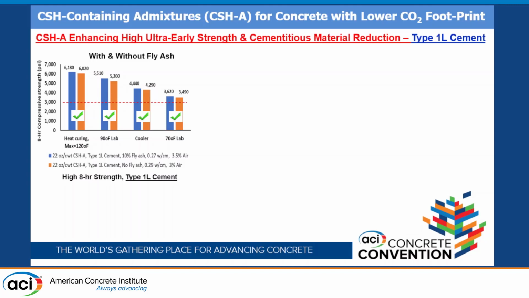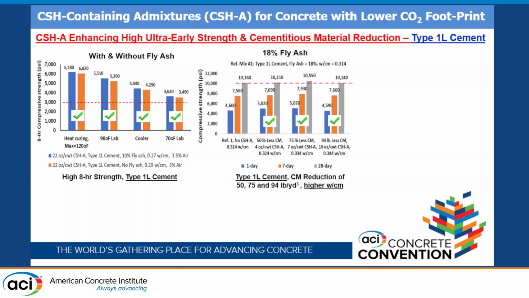Okay? So, also, we want to see, can we still reduce the cement in type 1L cement? Yes, we can. As you can see here, in this case, the mixture has 18% fly ash. With type 1L cement, we reduced 50 pounds, 75 pounds, and 94 pounds with a higher water cement ratio compared with the reference mix, okay?